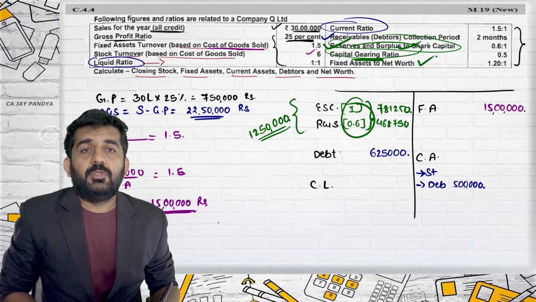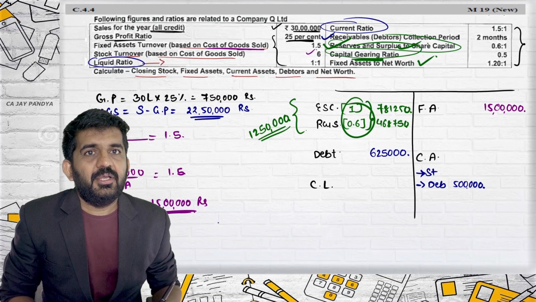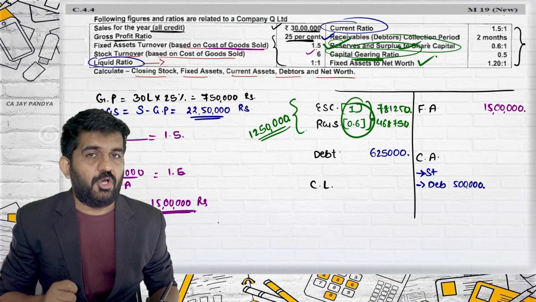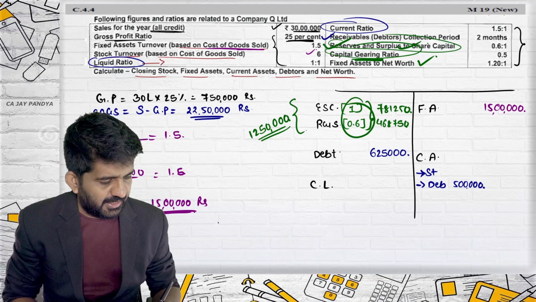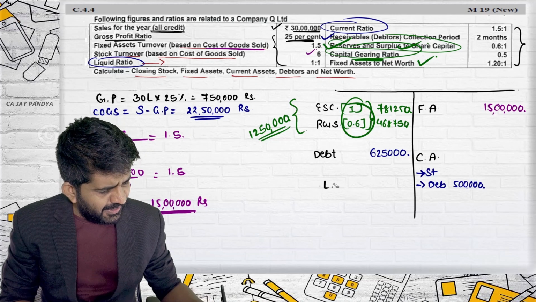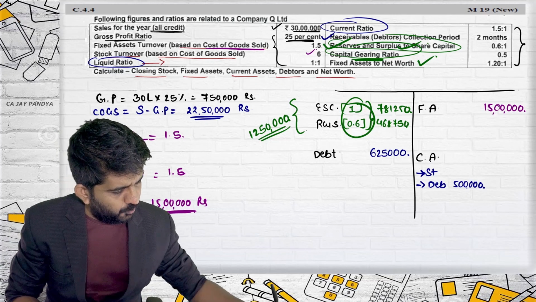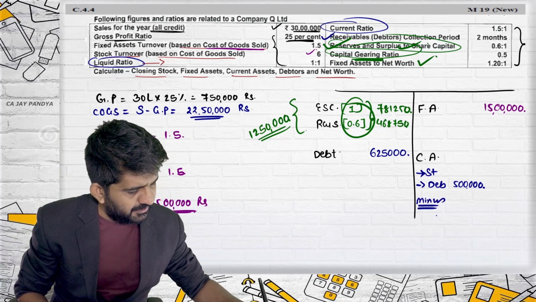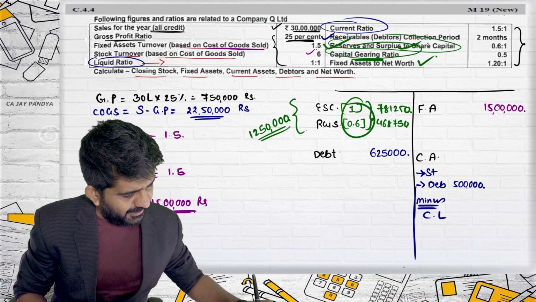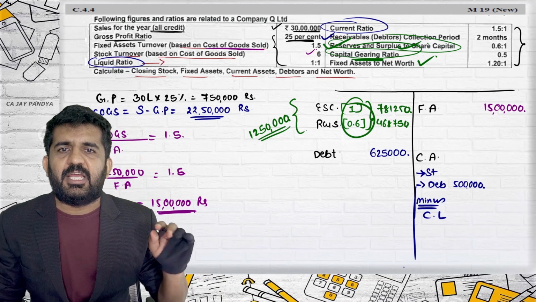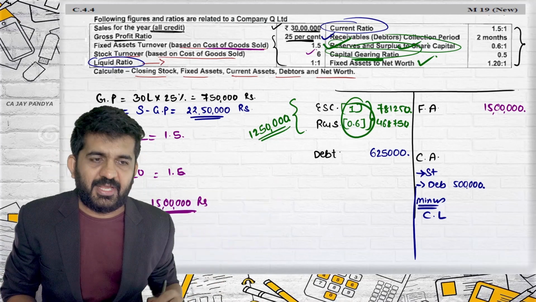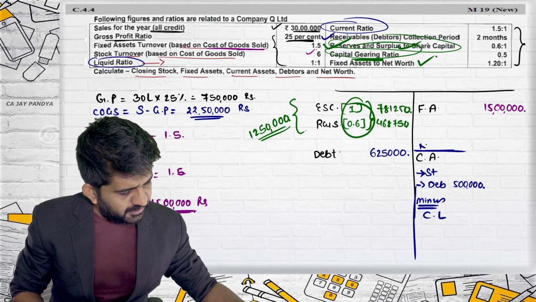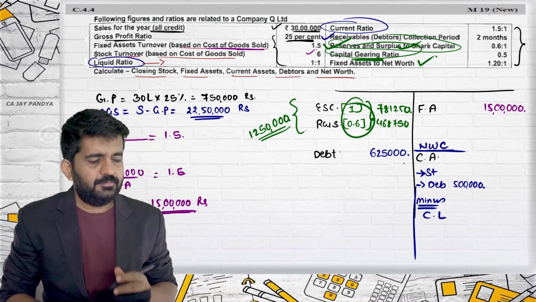Now, try to concentrate. Can I find out the answer of my current liability or current assets or net working capital? Current asset minus current liability. If it is on the liability side it is a positive figure, on the asset side it becomes negative. This whole answer is nothing but net working capital.